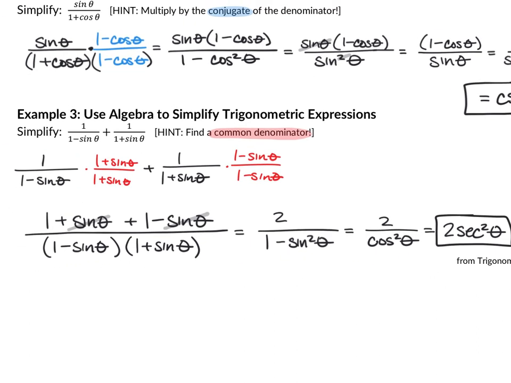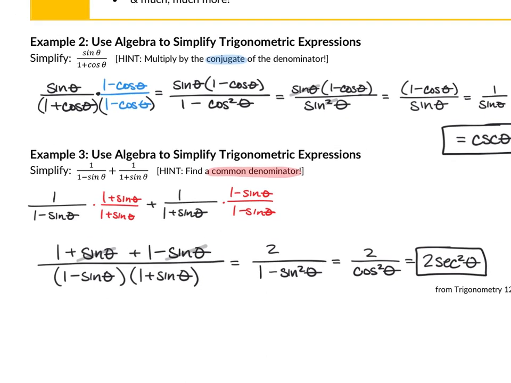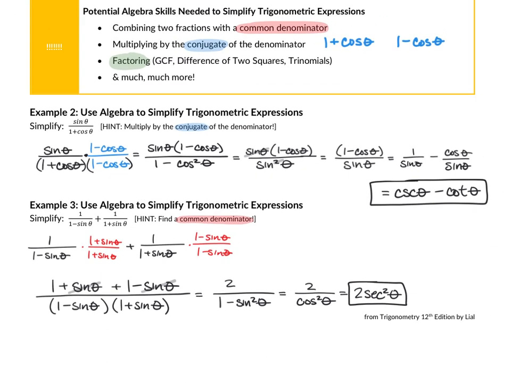So again, we found a common denominator, we simplified with the Pythagorean identity and the reciprocal identity. So we're able to use these different identities from my formula chart to rewrite or verify different trigonometric expressions.